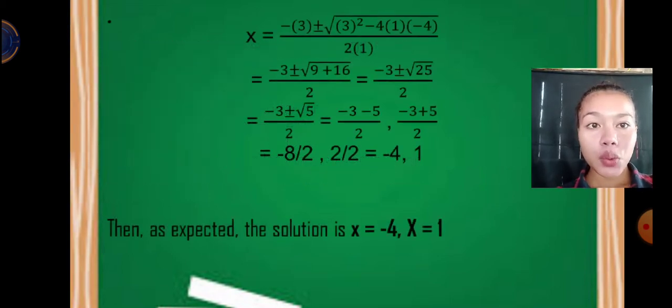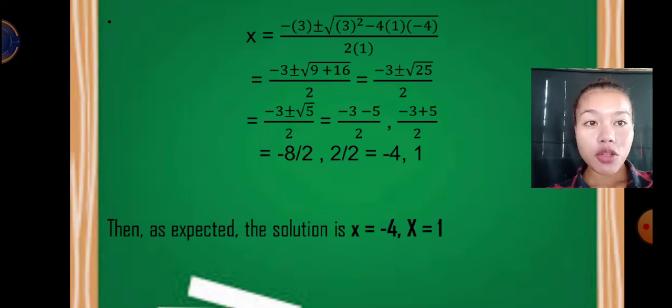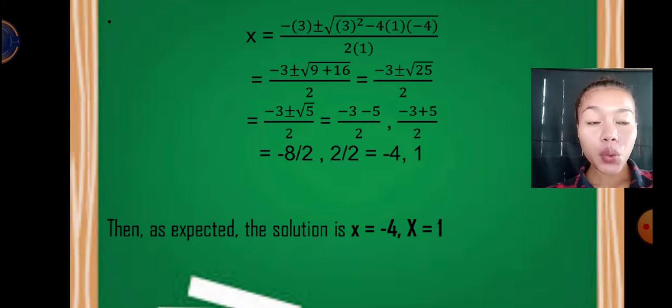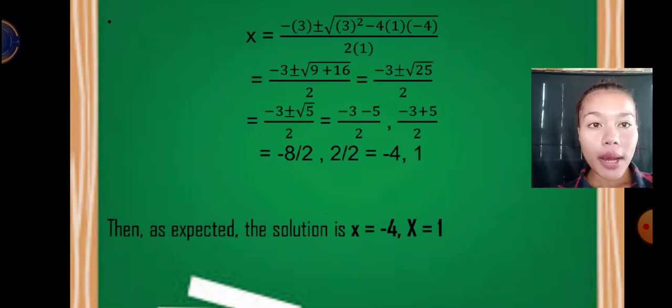x is equal to, we simplify the formula. Okay, we have x is equal to negative the quantity of 3, plus or minus the square root of 3 squared minus 4 times the quantity of 1 times the quantity of negative 4, over 2 times the quantity of 1. Okay, we simplify.